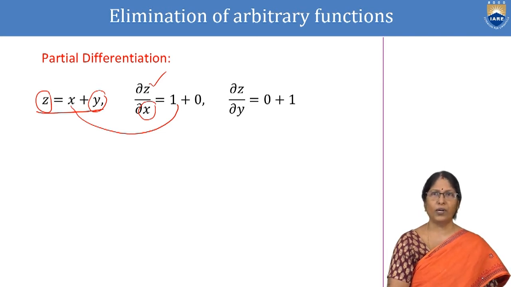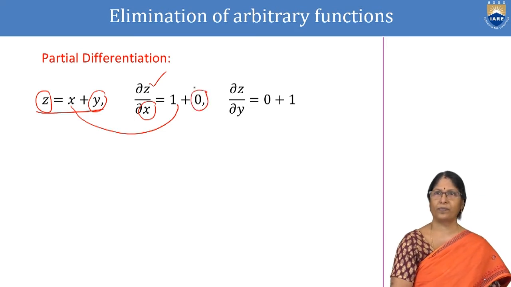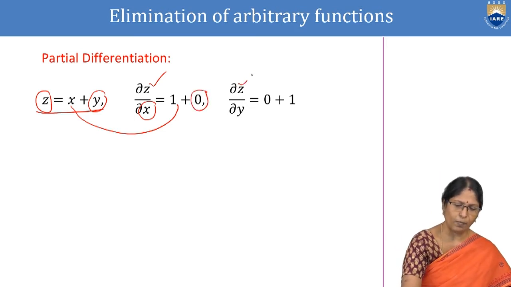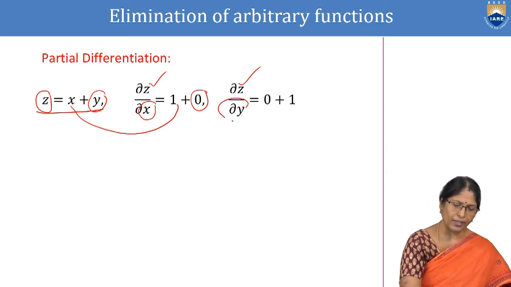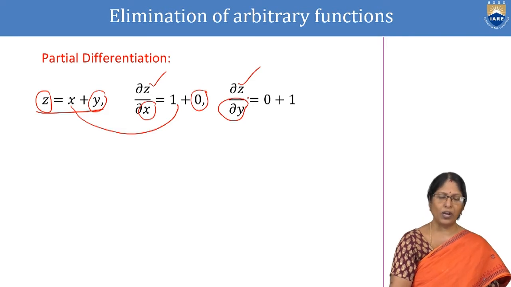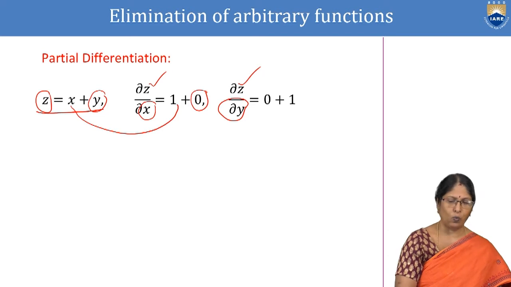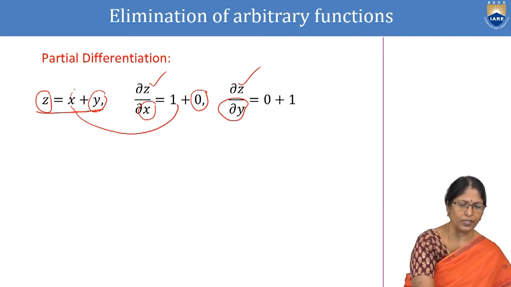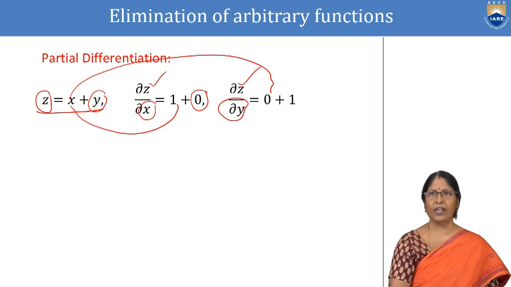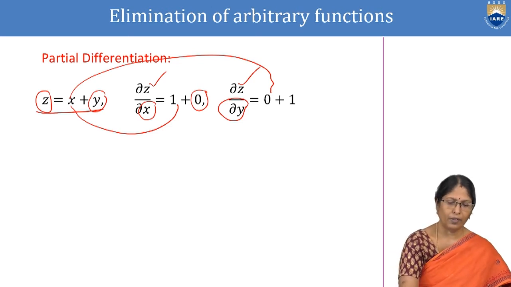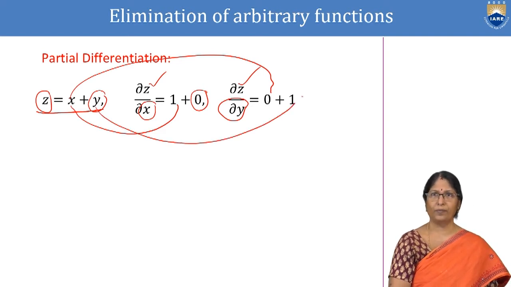Then ∂z/∂y: we differentiate partially with respect to y, so x is the other independent variable and we neglect it. The partial differentiation of y is 1.